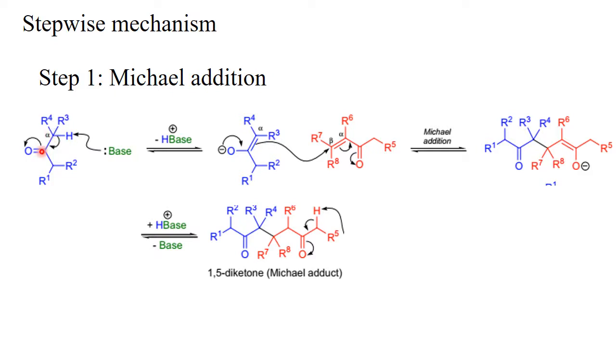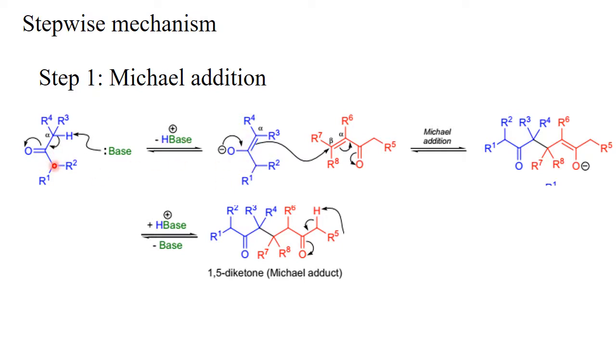Simple ketone acts as a Michael donor and alpha beta unsaturated ketone acts as a Michael acceptor. So this is the simple ketone. It has to act as a Michael donor. Base abstracts the acidic proton and converts the carbonyl compound to enolate ion.